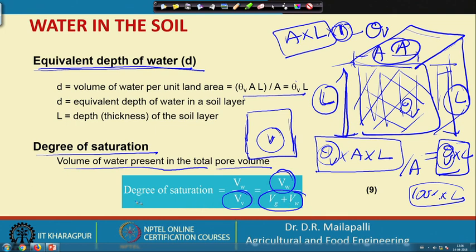So volume of water divided by volume of voids will give the degree of saturation. I mean, how much of the voids are filled with water.